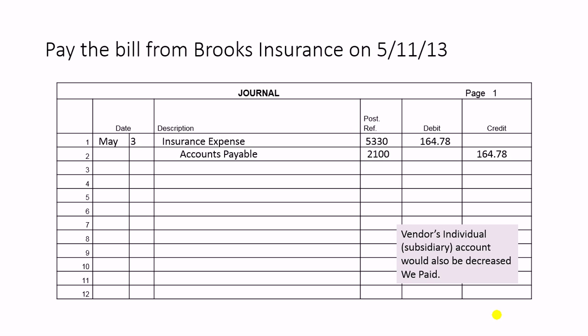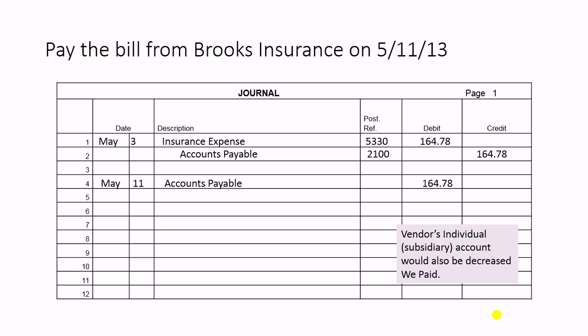Next, we're going to do another transaction. We're going to pay the bill that we received from Brooks Insurance. So we're going to pay it on the 11th, so we put the date. Now, what account should be debited if we are now paying off a debt that we owed? Accounts payable needs to be debited because we need to decrease accounts payable. We will decrease accounts payable by the $164.78.